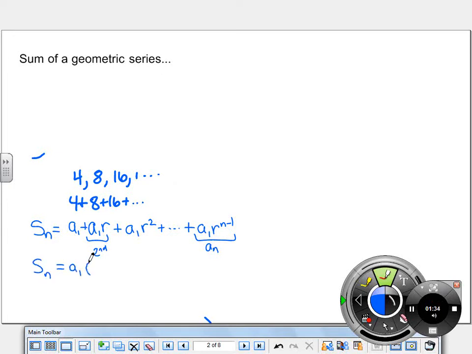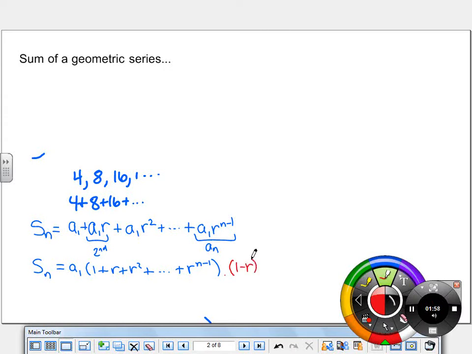So if I factored out a1, I would have the following. Which doesn't look that interesting. Now I'm going to do something that you might not think of doing, but you'll see that because of the signs, it actually helps us. So what I'm going to do is multiply this by 1 minus r.